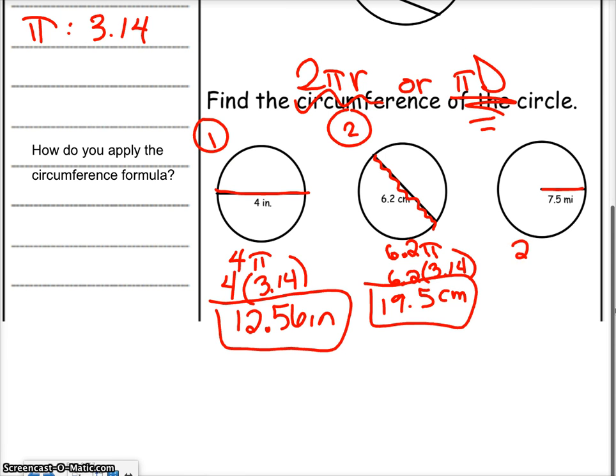So 2 times the radius times pi. 15 times pi. 15 times 3.14. 47.1.